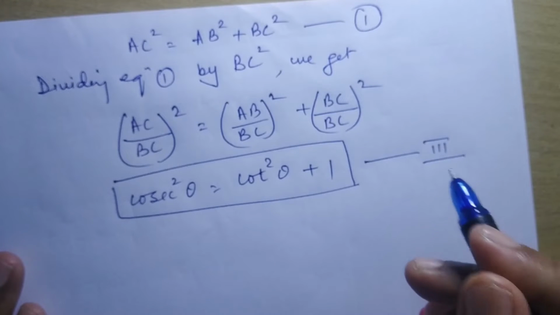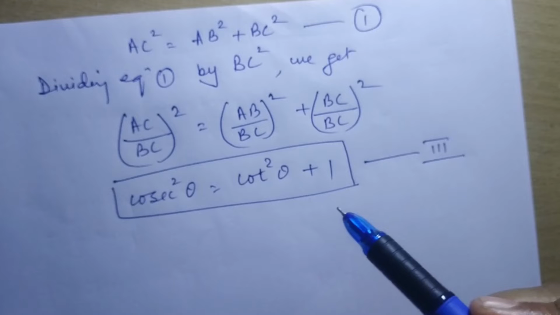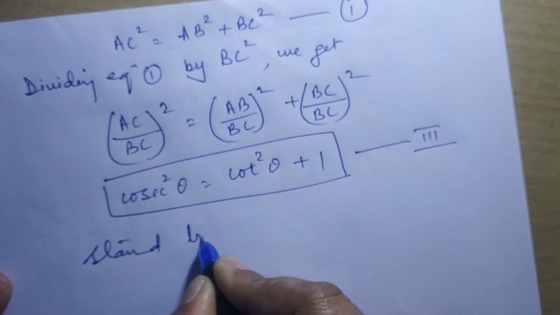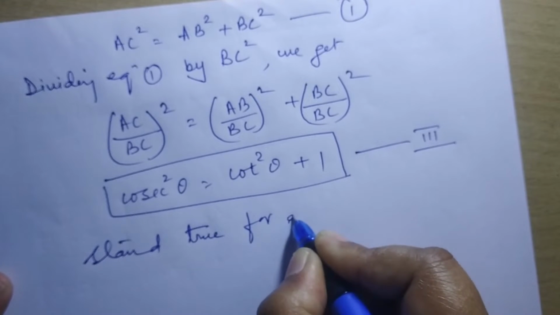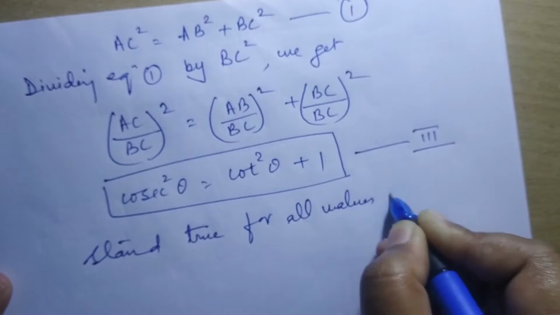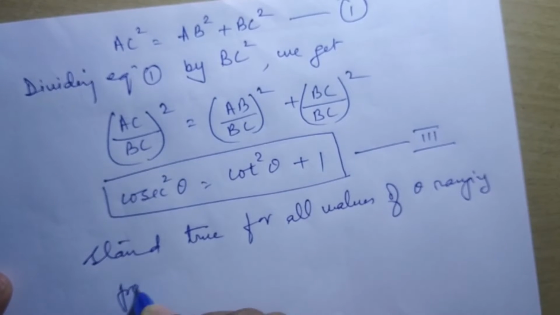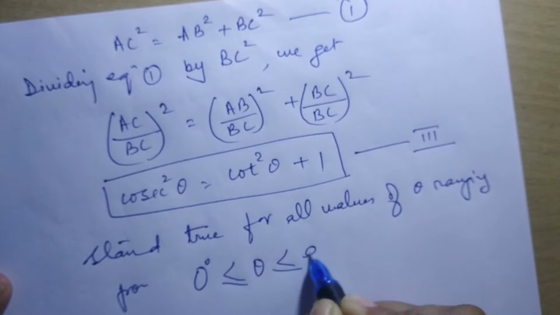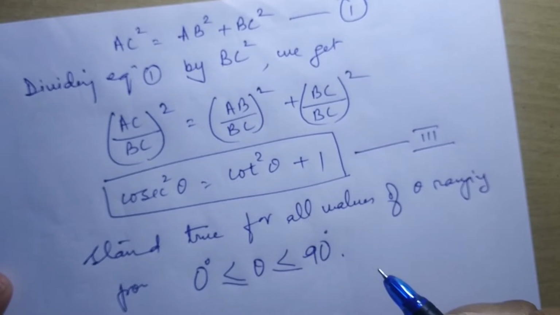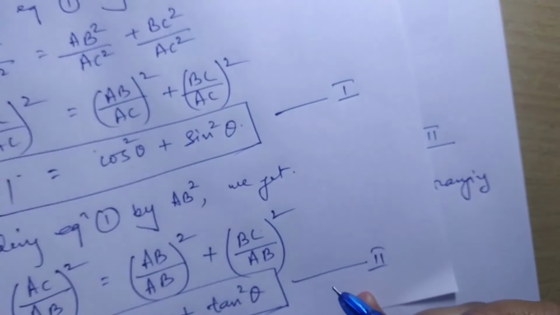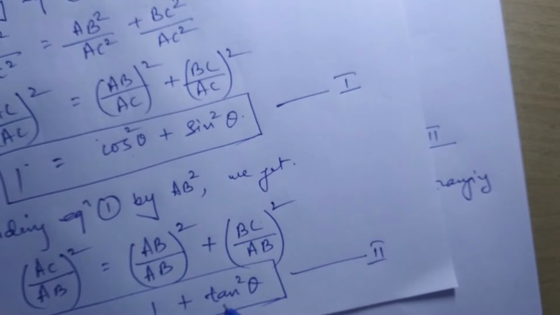But I must tell you that all these three identities stand true for all values of theta ranging from 0 degree to 90 degree, except the second one. Here in the second one you have secant and tan.